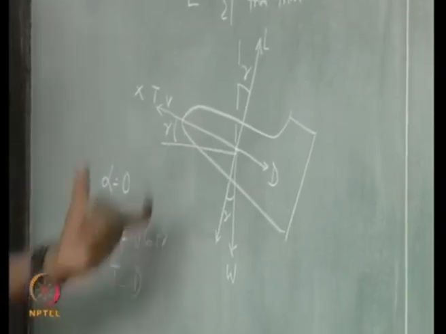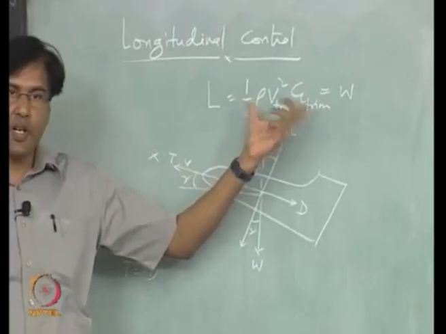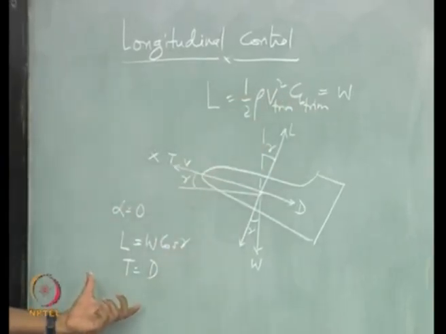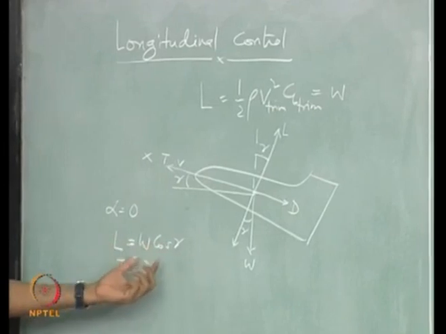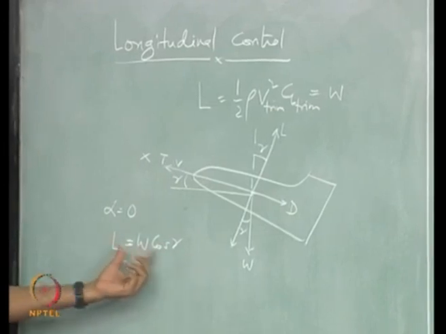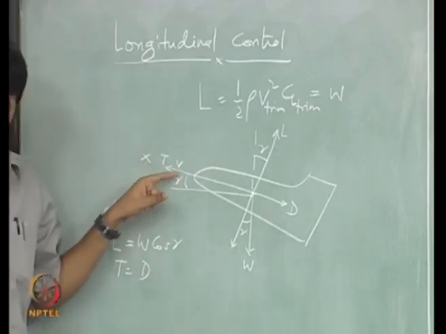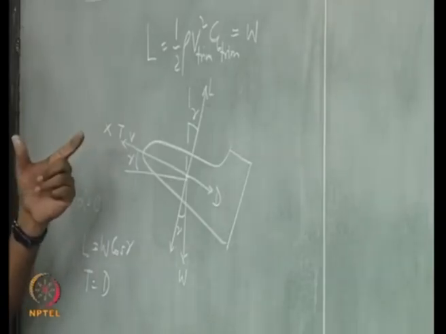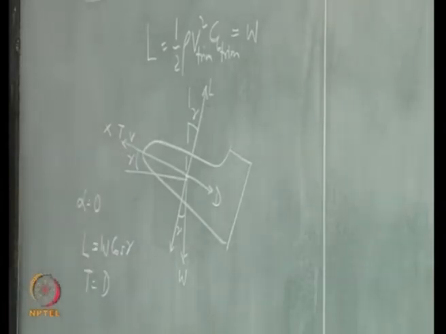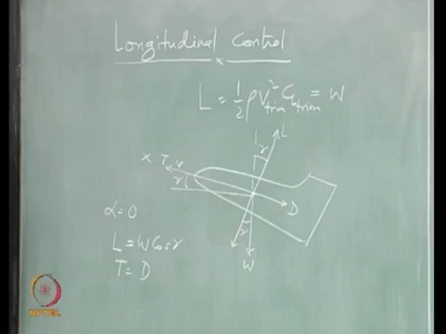So not only in this level flight condition, but also in other longitudinal flights, you are actually trying to balance out lift with component of weight. Yeah? No, I am assuming that the velocity is along this x axis. So alpha is 0. W by cos will be sin component.